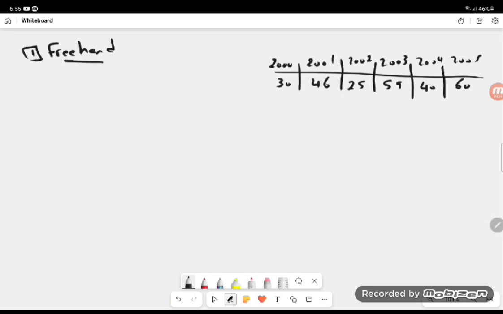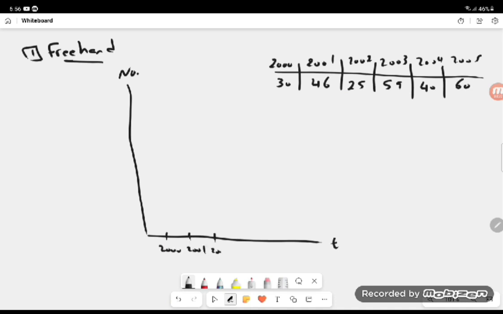The first step, according to this method, is to draw the scatter diagram. This is time and the number of workers. And here are the observations.